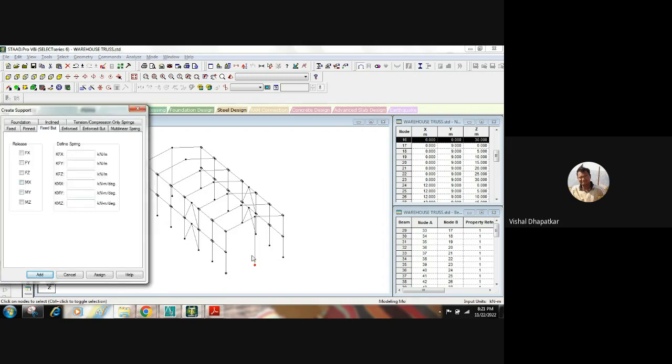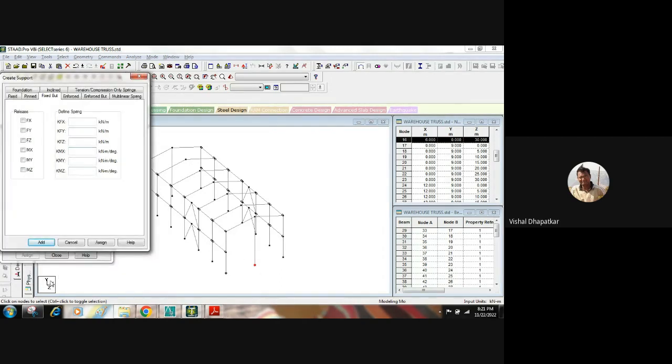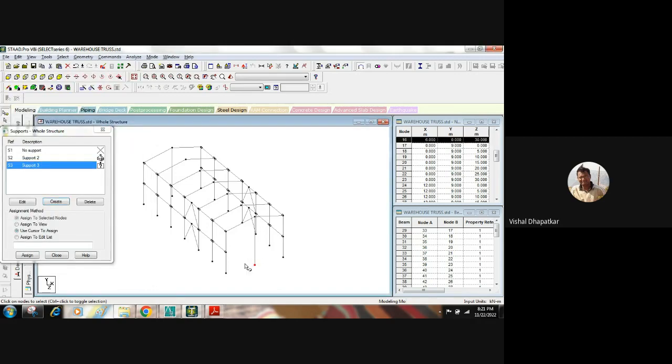So which will be the release? I need fixity in this direction. So I need mx to be fixed and release mz and my. Okay. So this will be added.